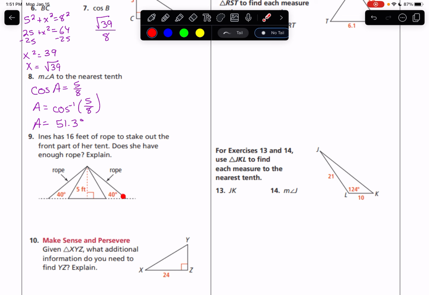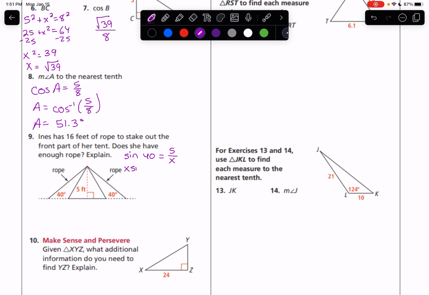So if I'm standing on the 40 degrees, and I want to know how long the rope is, I think, okay, I know the opposite, looking for the hypotenuse, going to use sine. So the sine of 40 is equal to opposite 5 over hypotenuse x, I don't know how much. And then I'm going to multiply both sides by x.